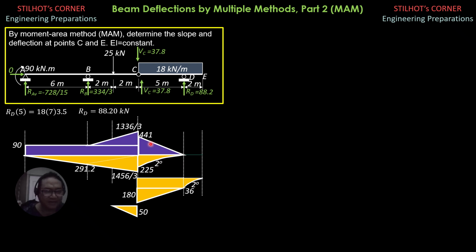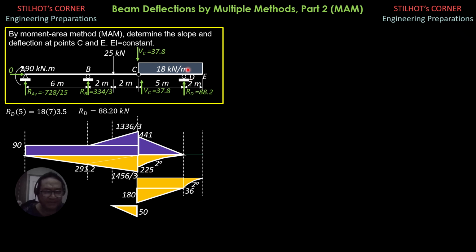Then for the negative areas, I already explained this for this reaction. Then due to the 25 kilonewton load, 25 times 2 is 50. That's triangular. Then for this 18 kilonewton per meter spanning 5 meters, we have 18 times 5 times 2.5. That's 225 over EI, and it is second degree.